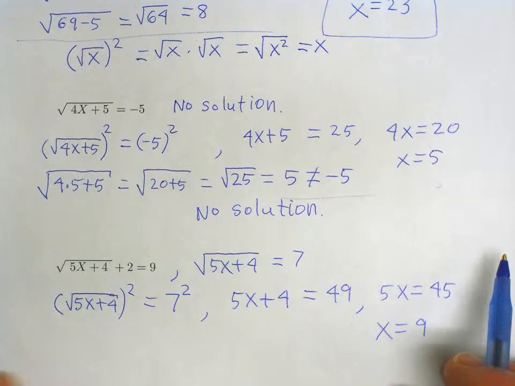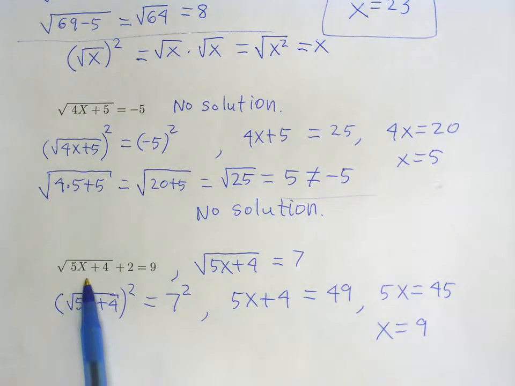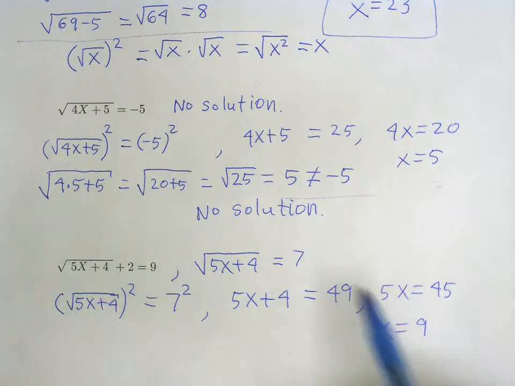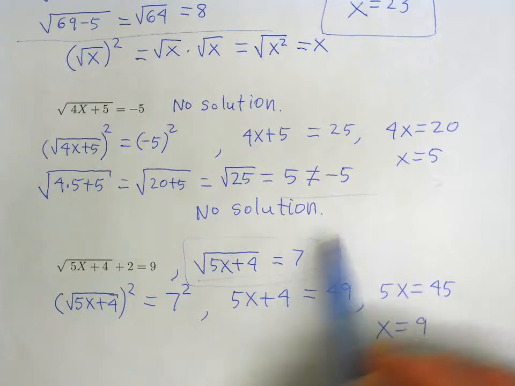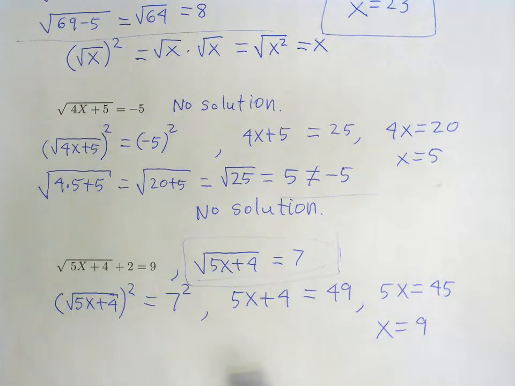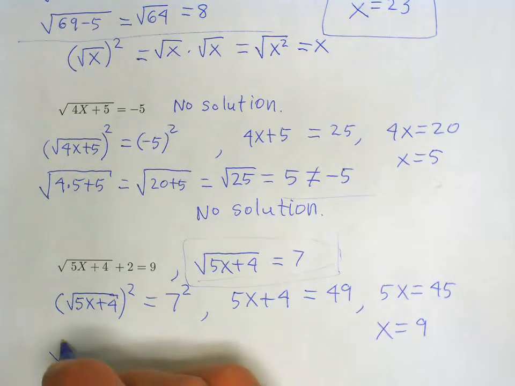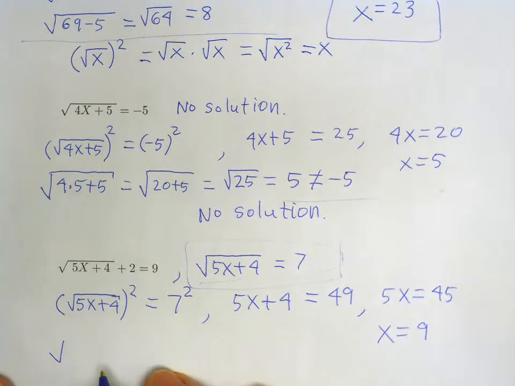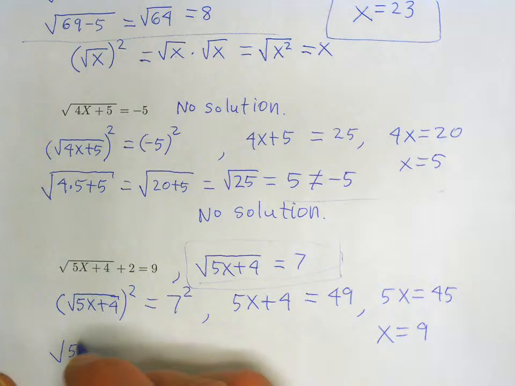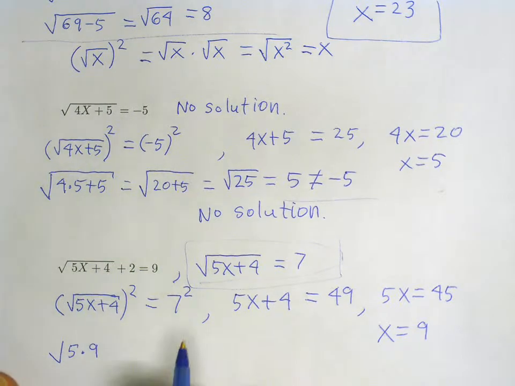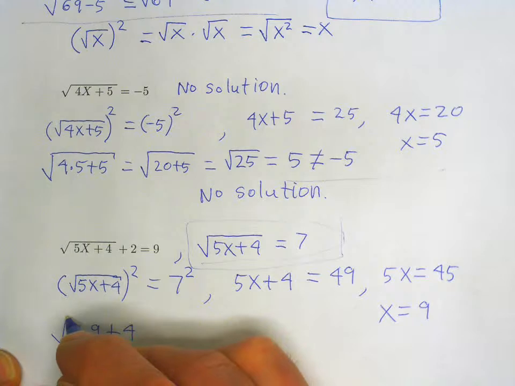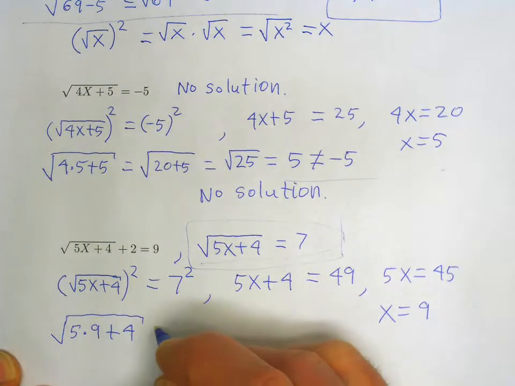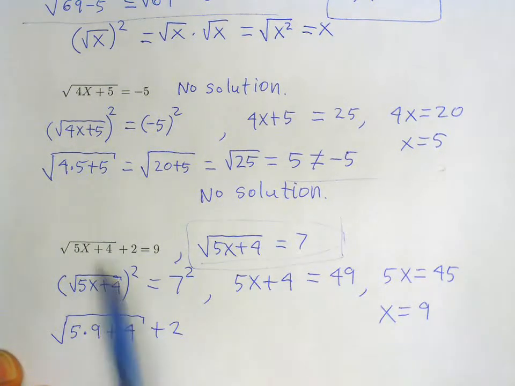And then we'll go back to the original equation. Or this one is okay, either the original or this one. So replace x with 9, we get the principal square root, or the positive square root of 5 times 9 plus 4, and then plus 2. I'll use the original equation.